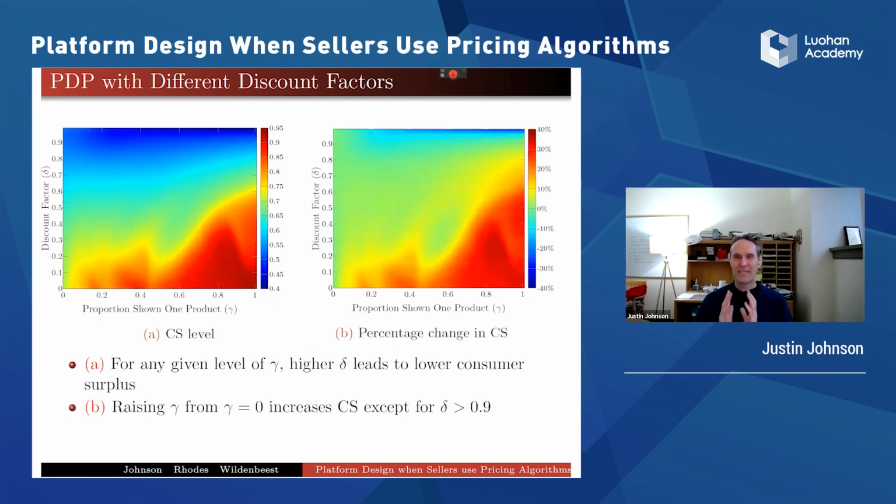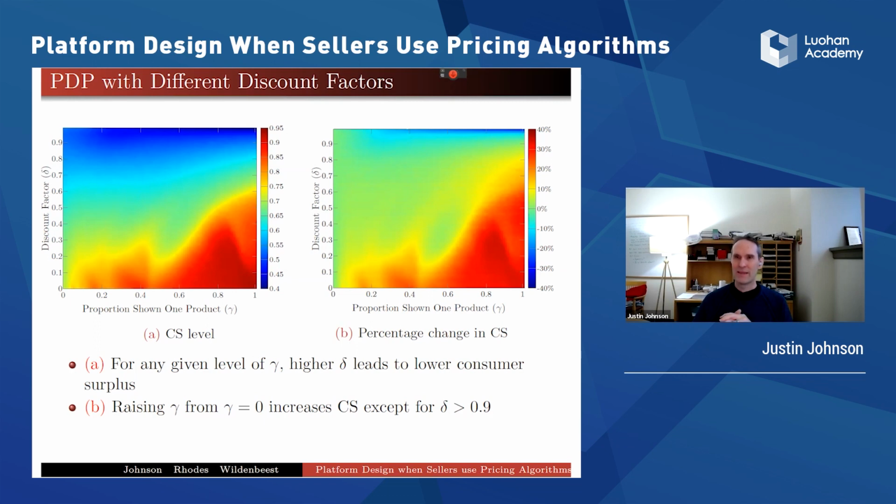This graph is actually the same data, it's just colored differently. The way I'd like you to read this one is choose your favorite value of delta on the vertical axis, and then look at what happens when you increase gamma. And what you can see is that generally, as you go from left to right, the colors turn from green to yellow or red.